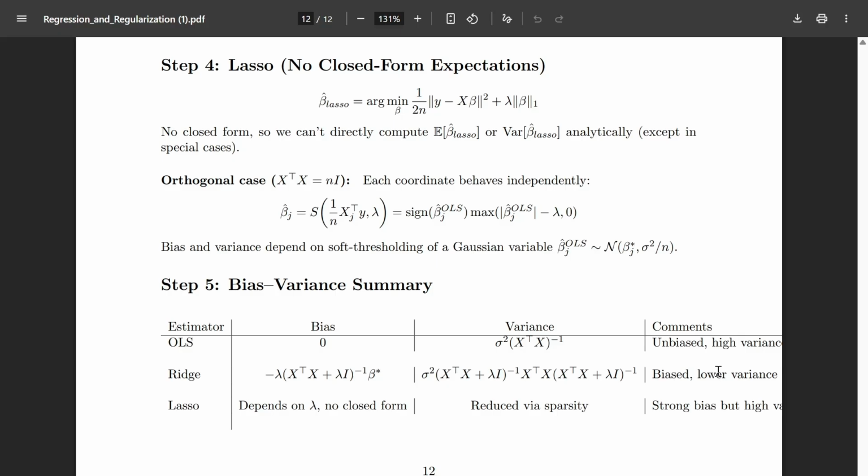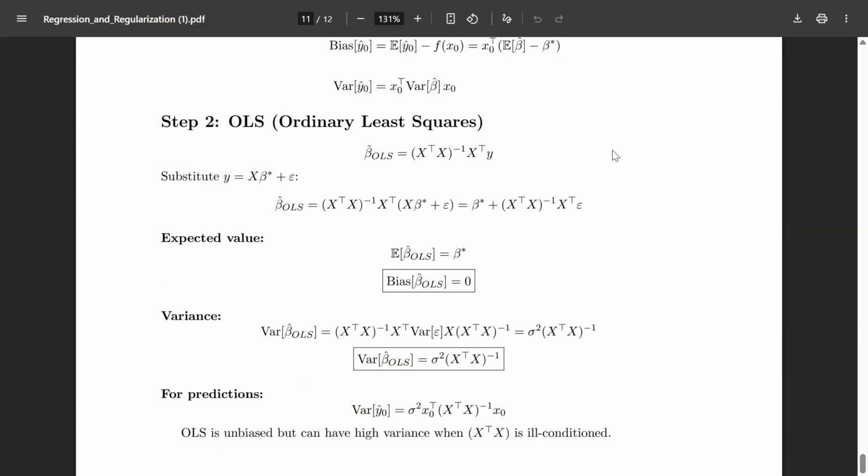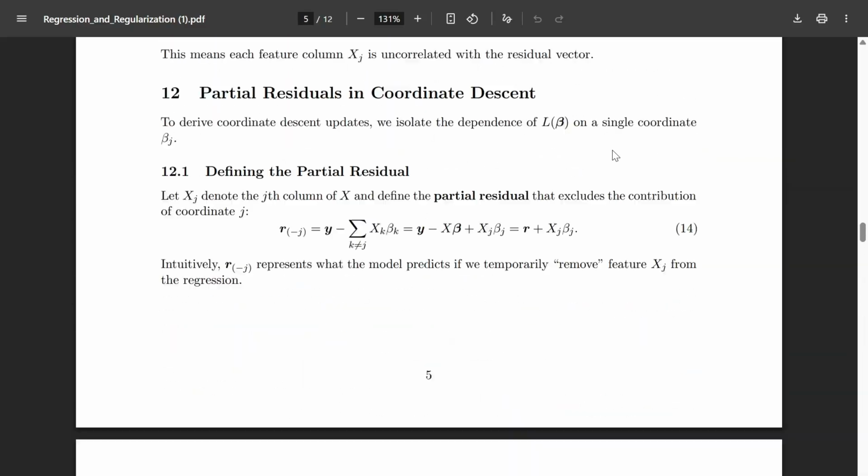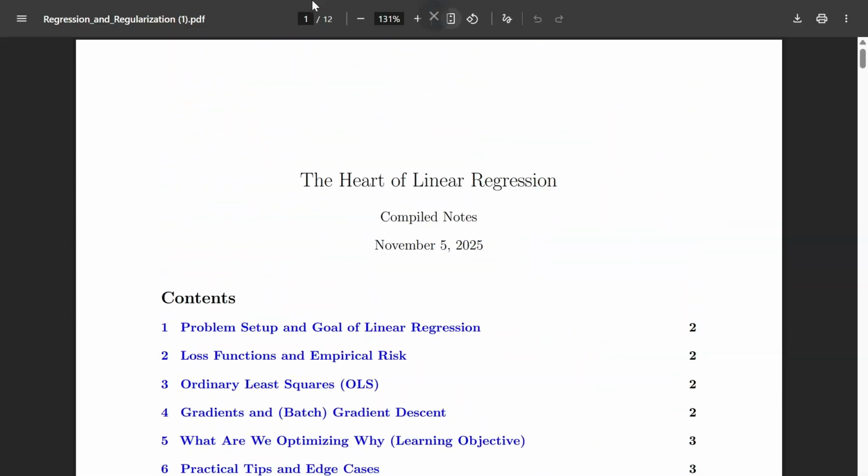But your ridge and lasso will make sure that even if you learn that, it will not overshoot towards it. It will not try to learn it a lot, so that ultimately it only learns well on training points which have been sampled from the distribution that we want. So at the end of the day, you will find a generalization risk which is also less and which will try to match the empirical risk. So this is essentially what regularization is, right? I tried to explain as much as possible.